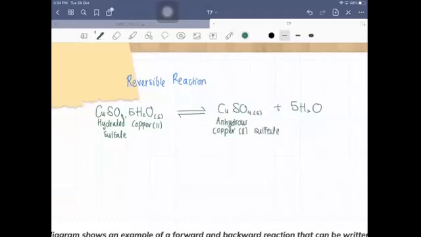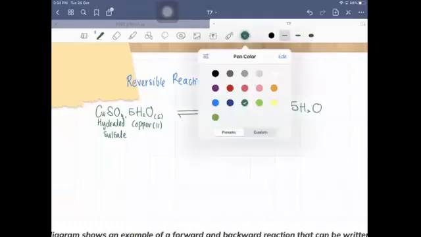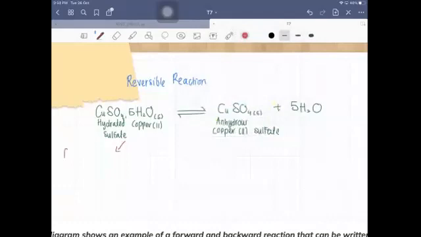And this system has two reactions going on at the same time. Okay. So it can be broken down into the forward reaction, which is just the one from left to right. Now, if you are writing down the equation on its own, you would use a full single arrow.